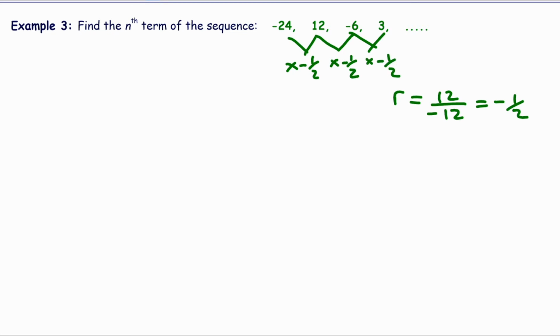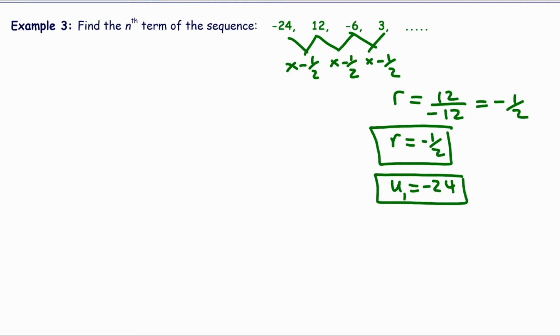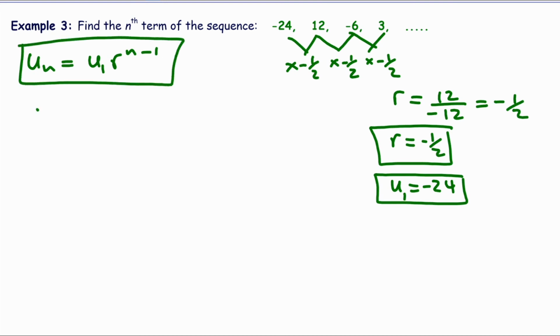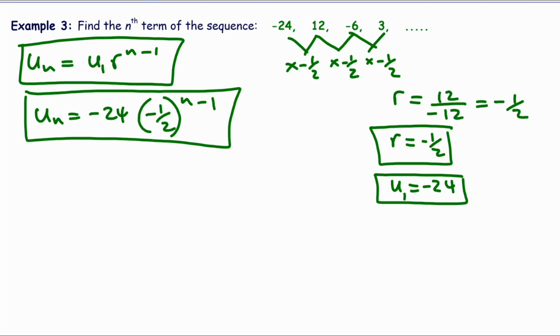So you have the common ratio, r is negative a half. We also have the first term, which is negative 24. And we know that the nth term of any geometric sequence is given by u1 r to power n minus 1. So plug those parameters in here. The nth term of this sequence will be equal to negative 24 into negative a half to power n minus 1. And that is the nth term of the sequence.